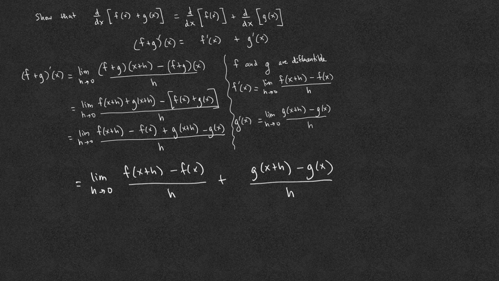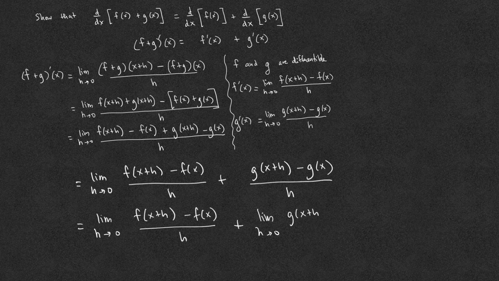But from the limit law, we know that the limit of the sum is the sum of the limits, and so this is the limit as h goes to 0 of f of x plus h minus f of x over h plus the limit as h goes to 0 of g of x plus h minus g of x over h.